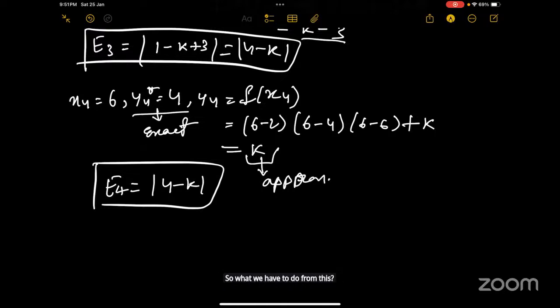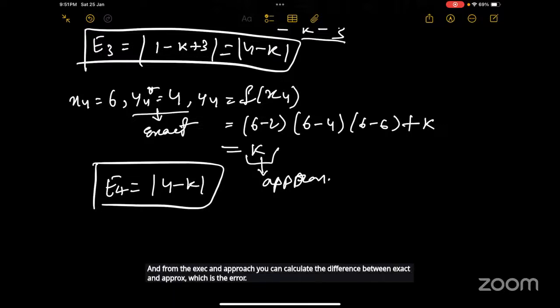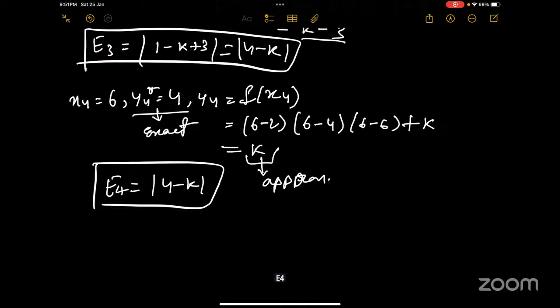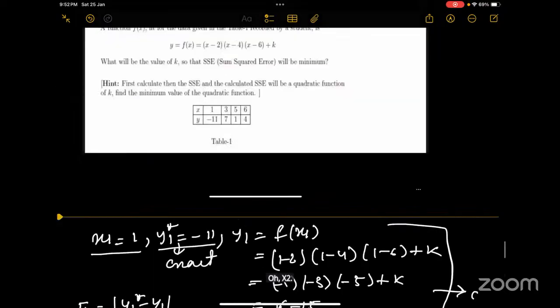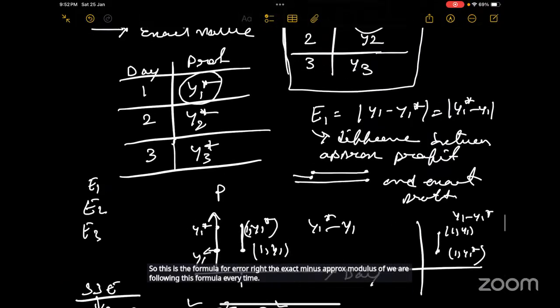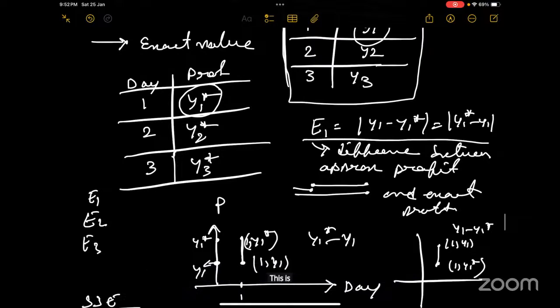From the exact and approximate, you can calculate the difference, which is the error E4, which you calculate as 4 minus k. How did you calculate 4 minus k? So this is the formula for error, right? The exact minus approximate, modulus. We are following this formula every time. Okay. Yes, ma'am.